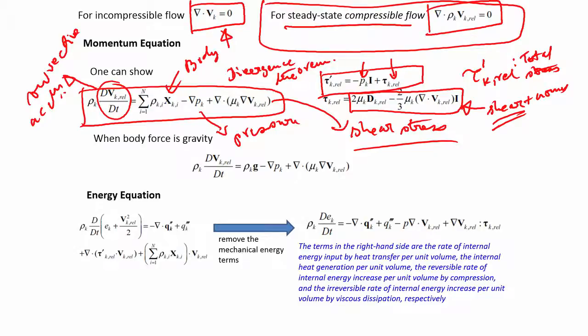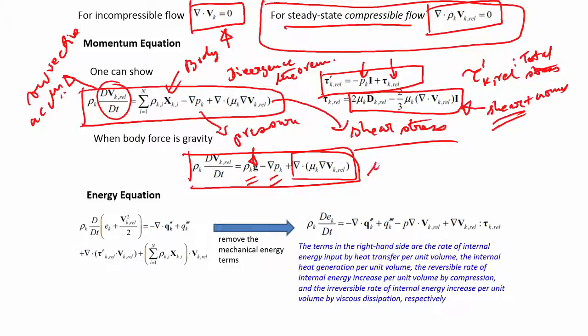When the body force is gravity, this xk becomes g. This is the most familiar thing that you have seen: the convective derivative of the velocity is equal to the weight or gravity term, the grad of the pressure and the corresponding shear stress term.